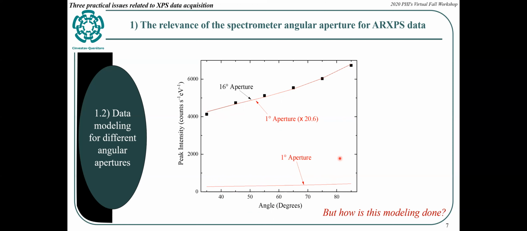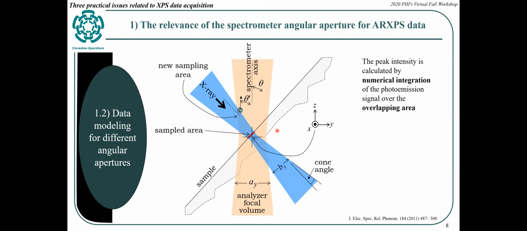So it's a question of how we model the data, how we can reproduce the angular dependence of the peak intensity. We do this by taking into account all the geometrical factors affecting the angular dependence of the peak intensity.